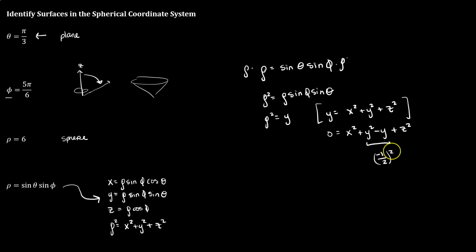That's what we'll add and subtract. That's going to result in y minus 1/2 squared, plus 1/4, minus 1/4. If I move the 1/4 to the other side of the equal sign, we'll have a positive 1/4, and that's equal to x squared plus y minus 1/2 squared plus z squared.